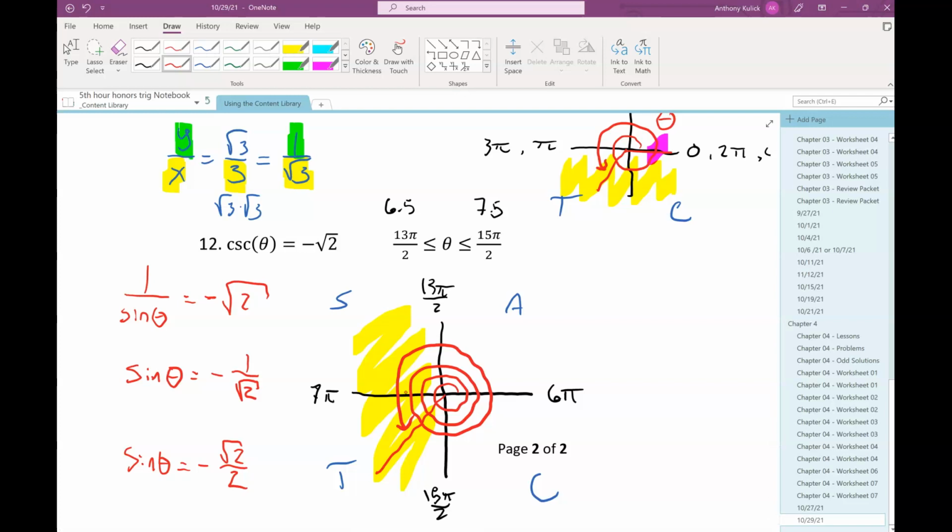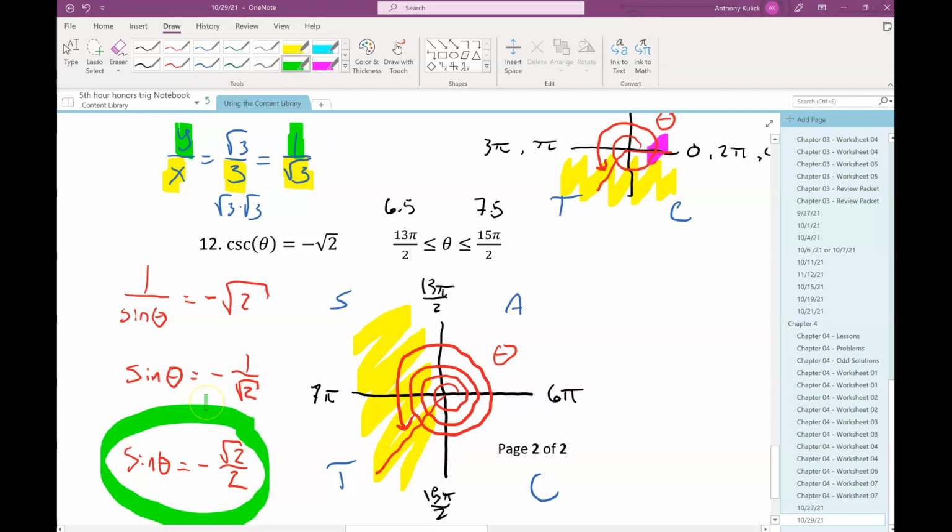You know it's negative because of what it gives you at the start. Right, because right down here I know sine theta is negative. Right, sine theta is negative root 2 over 2. Yeah. So I know sine has to be negative. That's why I'm going to pick the answer to be in the third quadrant, because in the second quadrant sine is positive. Cool? Okay.